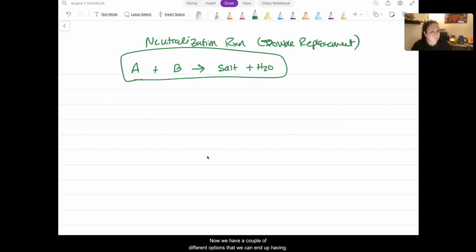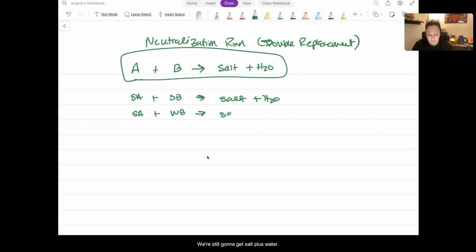Now we have a couple of different options that we can end up having. Okay, so we can have a strong acid and a strong base. And that's going to give us a salt plus water. And I'm not going to say anything else about the significance of that and some things that you can figure out with that because there's quite a bit. We'll hang on to it. We can have a strong acid and a weak base.